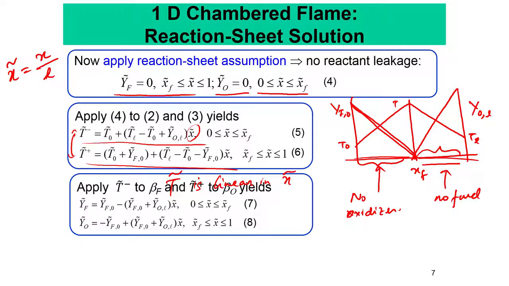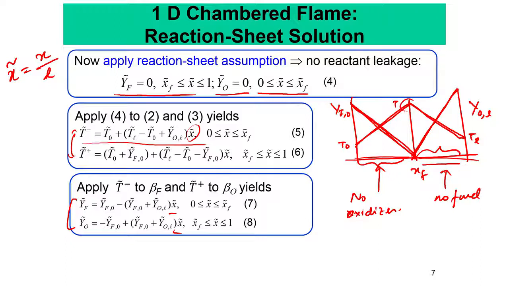Then, when we incorporate this temperature equation back into the beta equation, we also get equations for yf tilde and yo tilde, and those are also linear in x. This is essentially the profile we get: yf decreases like this, whereas yo decreases like this, and the temperature increases like this and decreases like this.